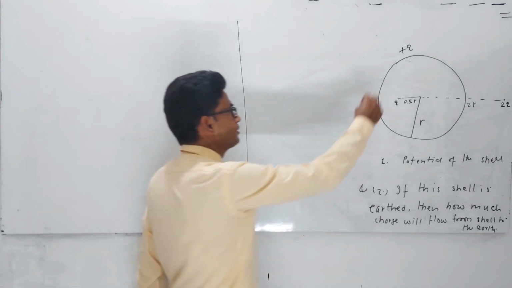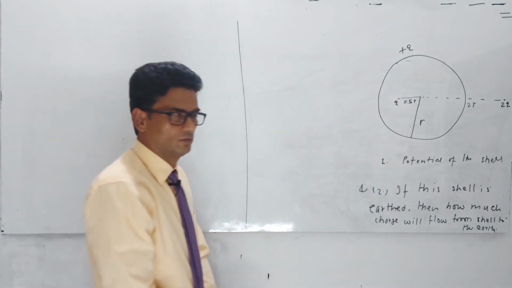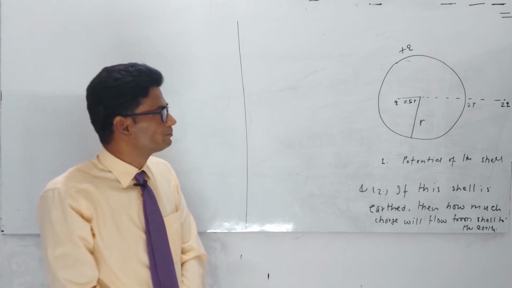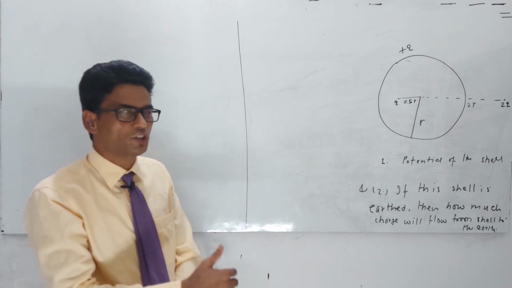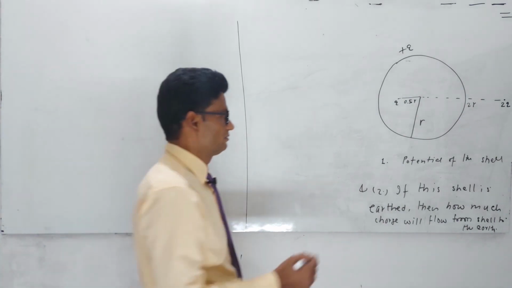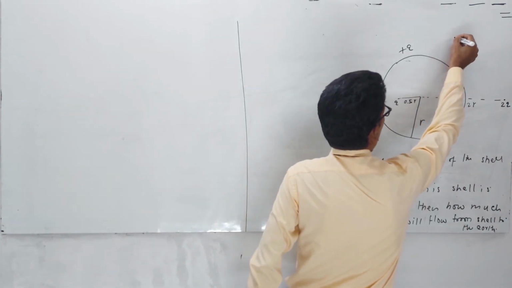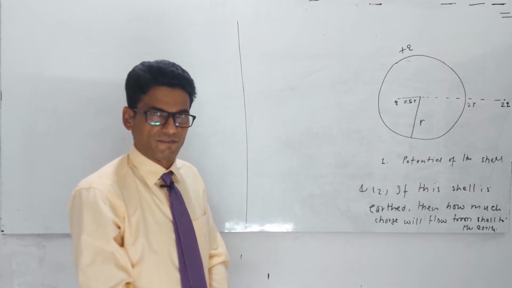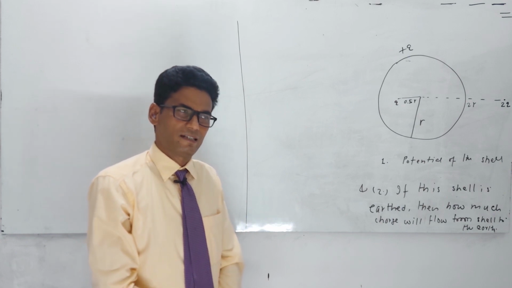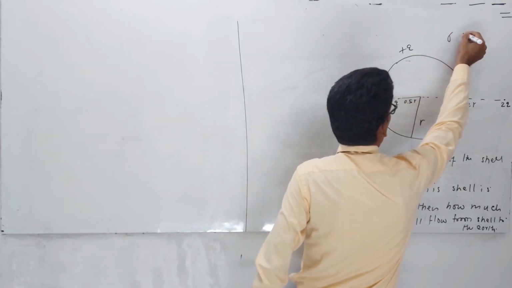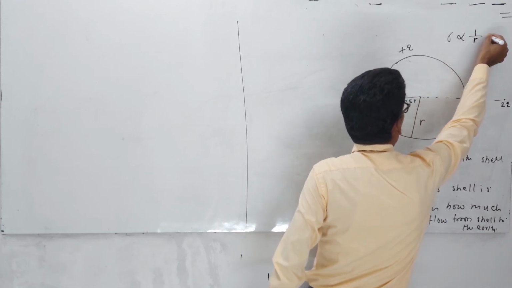So if we think of this plus q, then we all know the distribution of charge on this shell or any surface, that is the density of the charge on the surface, or you may call it surface charge density, sigma, is proportional to 1 over r.